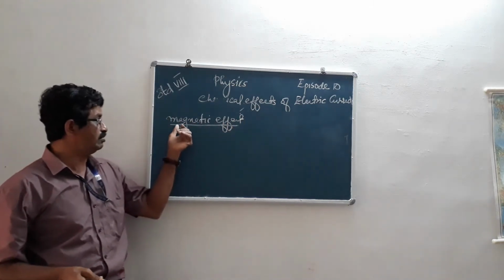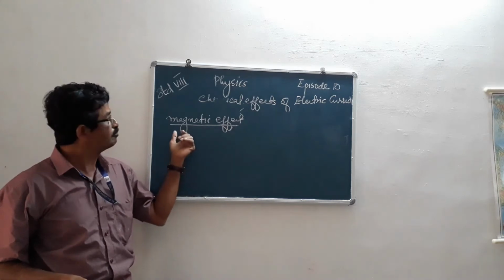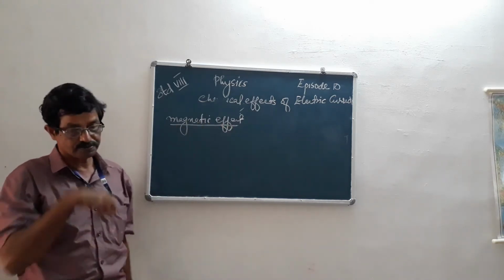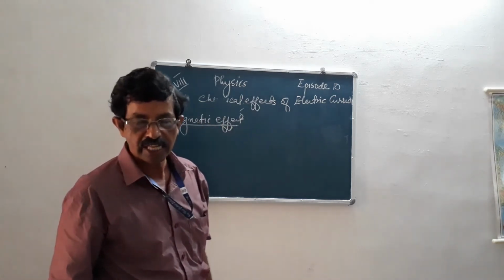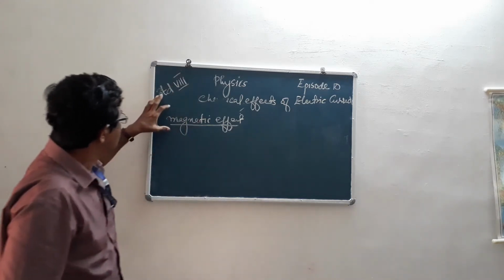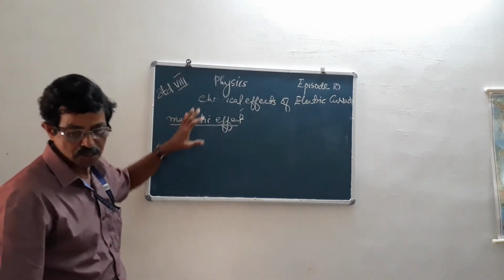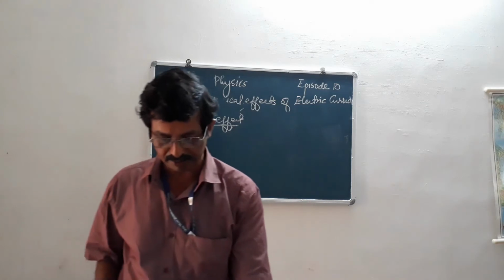the magnetic effect. This is the third type of tester that we can make, using the magnetic effect. Here you see this is a tester.